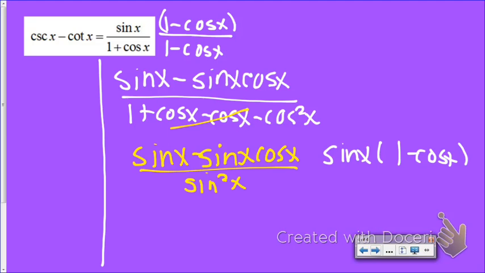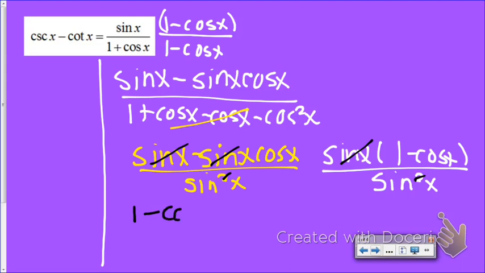I could still divide it out. So I'm going to divide one of those sine squareds out. Either way, I would be left with 1 minus the cosine of x over sine x.